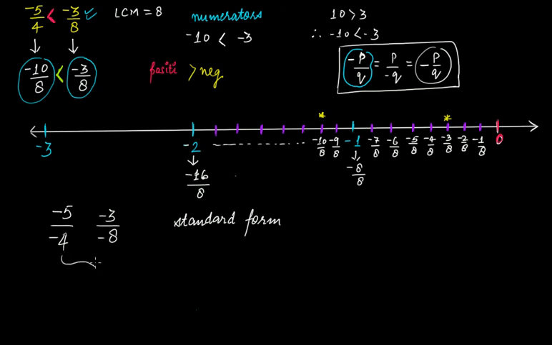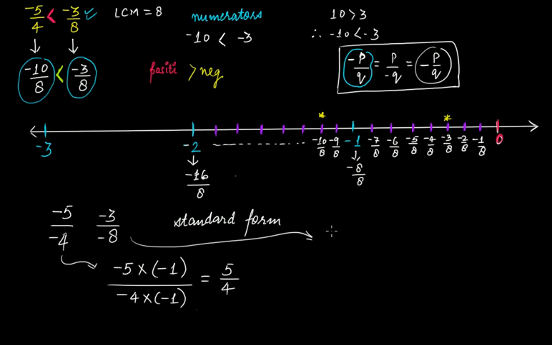So what you have to do is minus 5 times minus 1 and minus 4 times minus 1. This gives you 5 over 4, and if you do the same thing, minus 3 times minus 1 and minus 8 times minus 1.